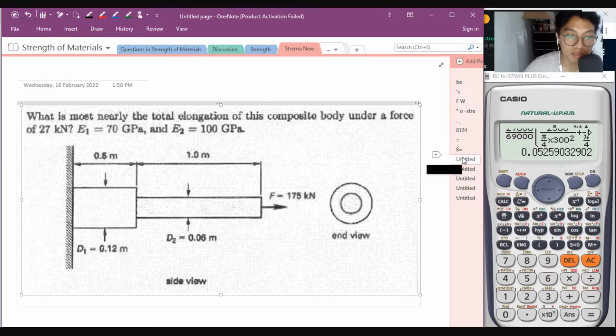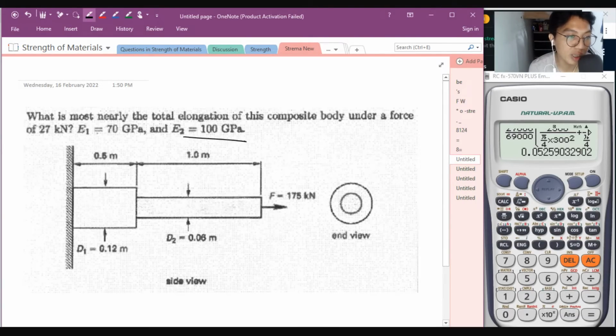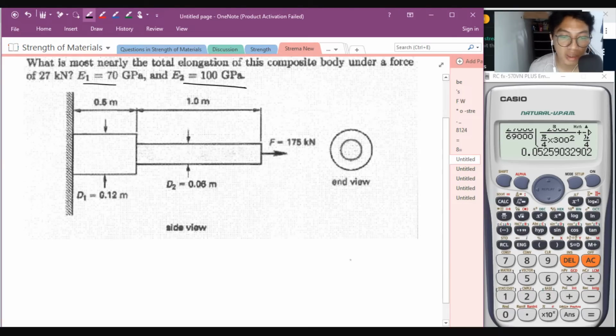Next one. What is most nearly the total elongation? Yan na naman, balik na naman tayo. O ngayon, hindi na magkapareho yung E. So, anong gagawin mo? Ilista mo ulit. The total elongation, elongation sa 1 plus elongation sa 2 equal to P1 L1 over A1 E1.